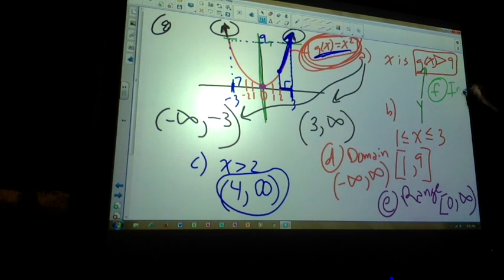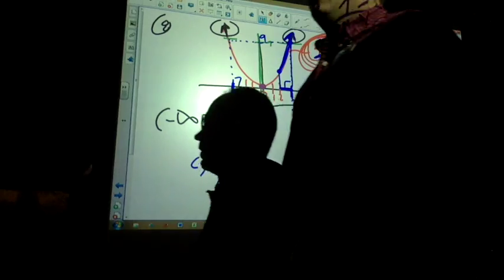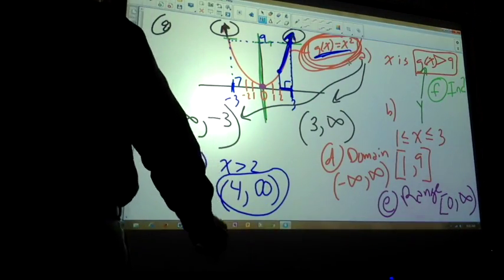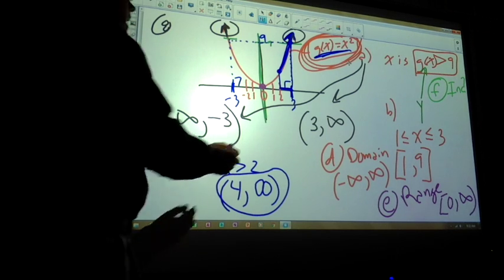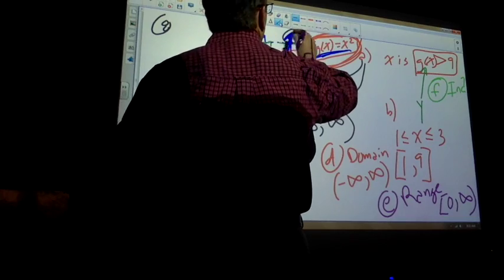Where is our graph increasing? Okay, so when I say increasing, how do I explain this? If I were to take a straight line, let's take a whole bunch of these.